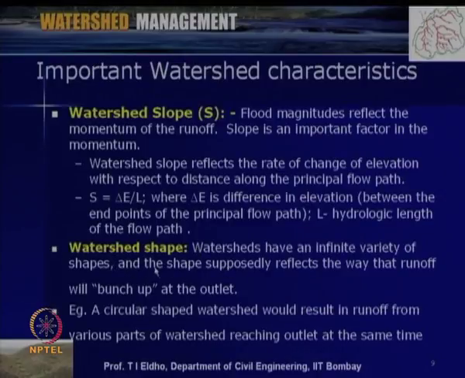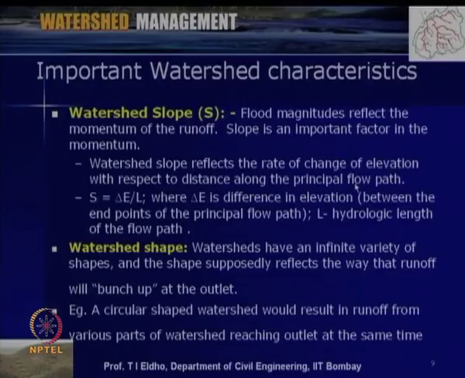Then another important characteristic is watershed shape. As far as watershed shape is concerned, there can be an infinite variety of shapes. It can be broad type, or elongated type, or somewhat circular type. The shape reflects the way that runoff will bunch up at the outlet.